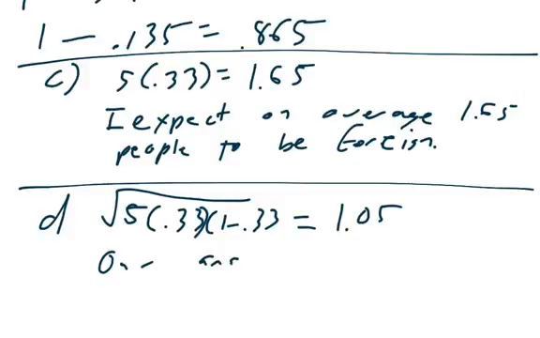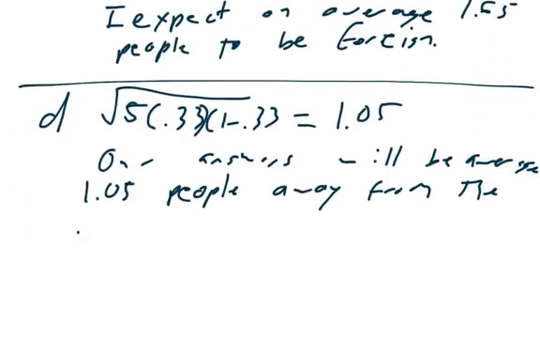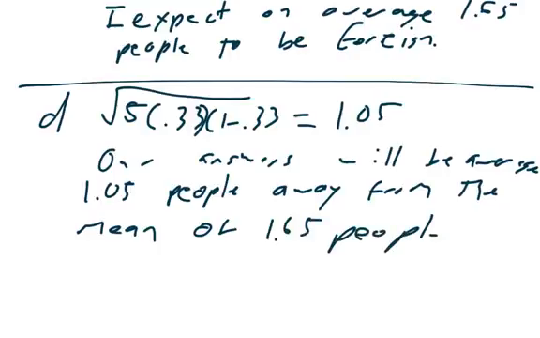Our answers will be on average 1.05 people away from the mean of 1.65 people. And that's it for the free response portion.